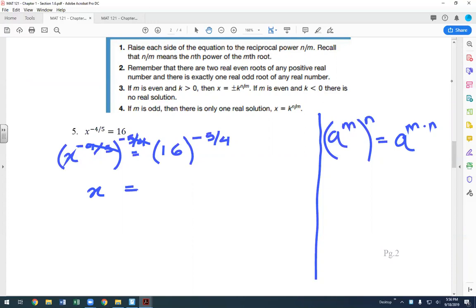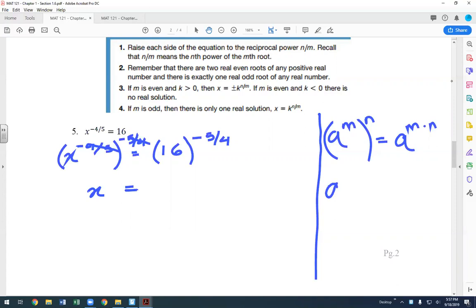But that means I have now introduced a negative on my 16. So what rule do I use there? What do you remember of the rules of exponents with negative exponents? Maybe? No? Completely gone? Okay. Anybody remember it? It turns into a fraction.